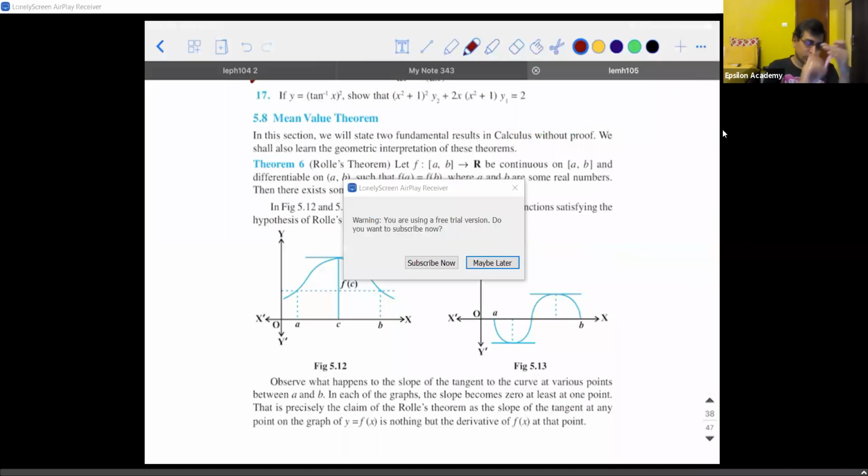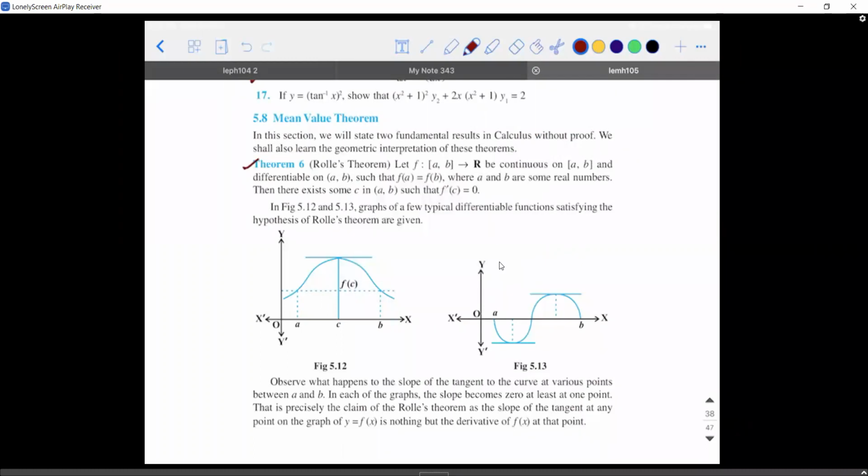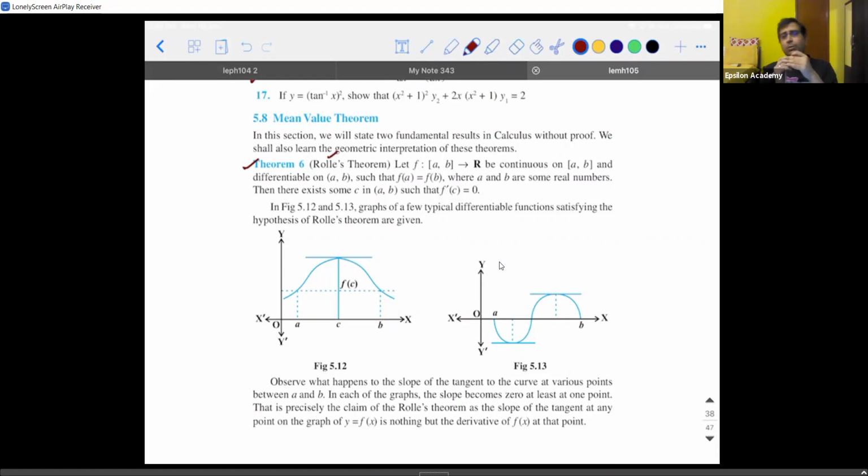So the topic is mean value theorem. First is theorem number 6, which mainly speaks about a topic called Rolle's theorem. Rolle is the name of the scientist. Suppose you have a function f, which is defined on the closed interval a to b, onto the real number set.